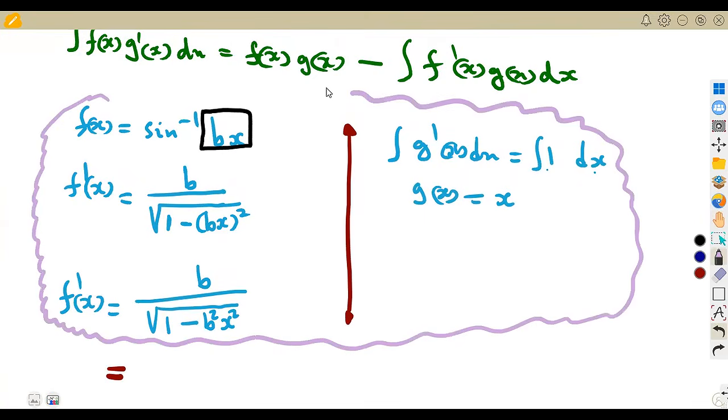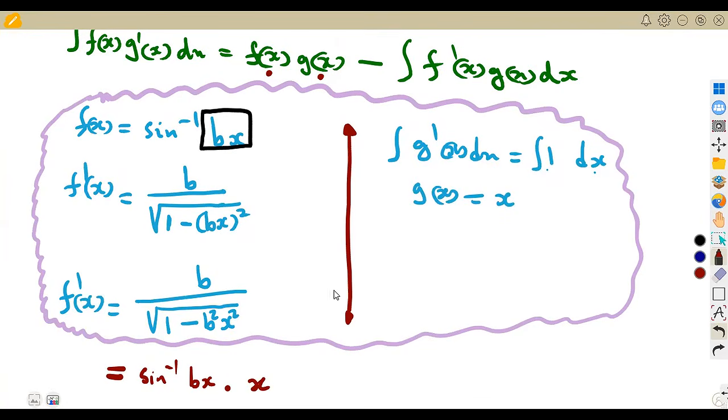All right. So now I'm writing the answer here. This integral is equal to f of x times g of x. f of x is arc sine, so this is arc sine bx, times g of x, we got x.